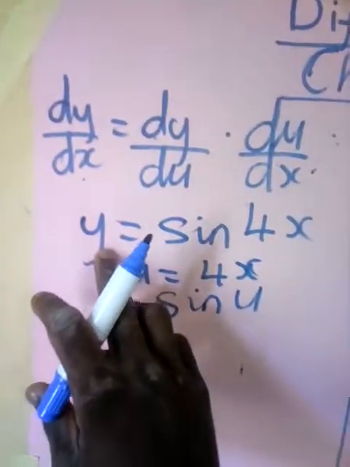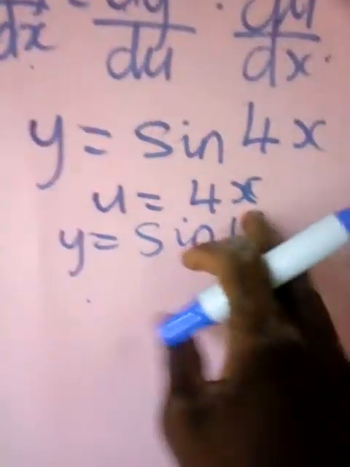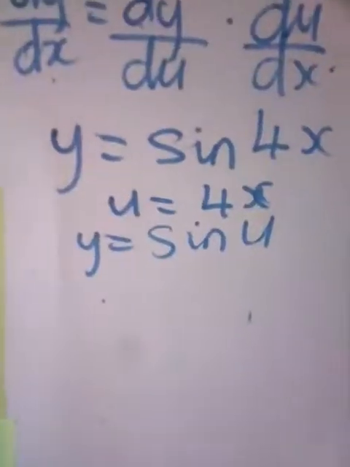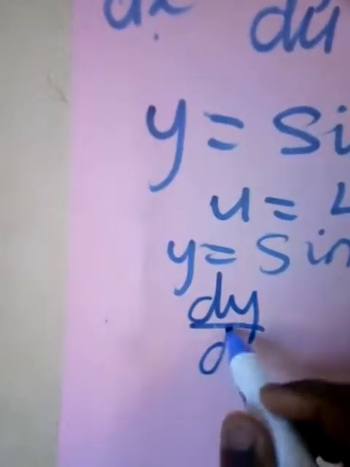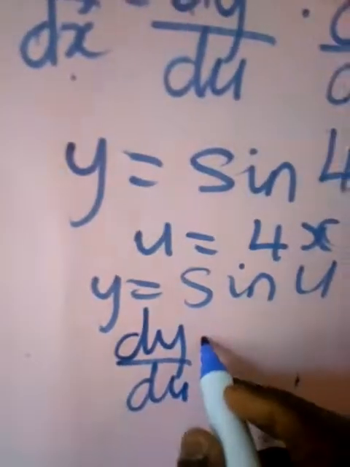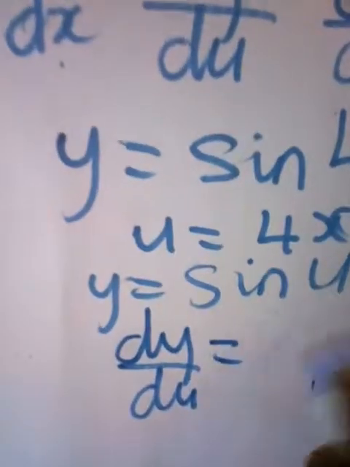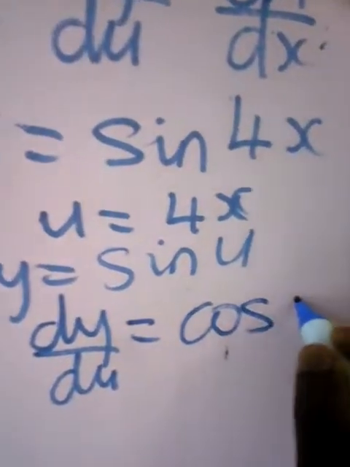Now if you noticed, y was being measured in terms of x, but here it is being measured in terms of u, so that if I'm to find dy/du, it is going to be cos u.